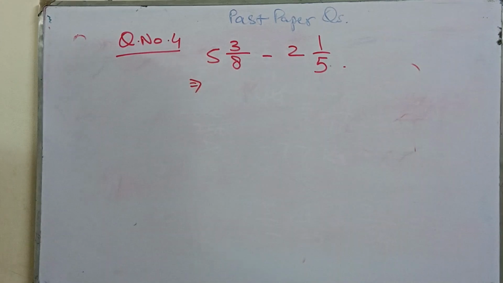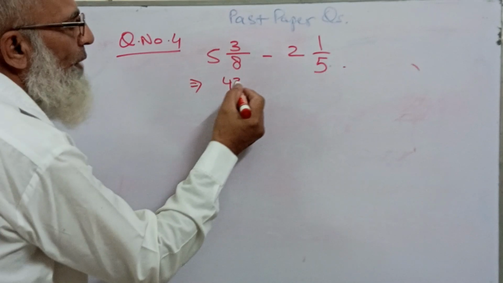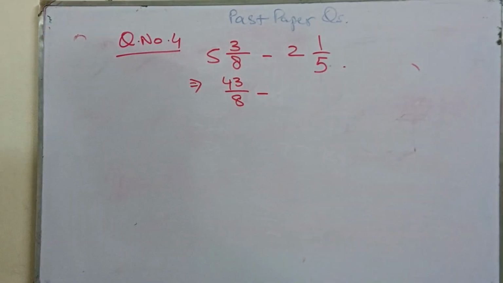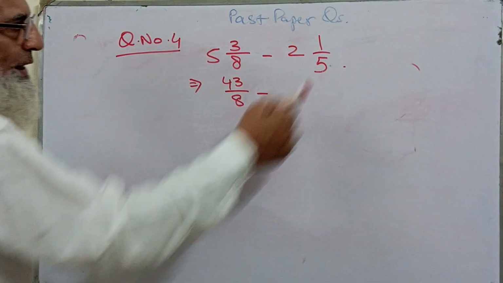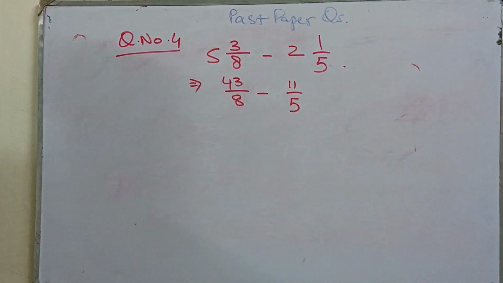5 times 8 is 40, and add 3. It will become 43 divided by 8, minus 5 times 2 is 10 and 1 makes 11, divided by 5. As I told you, the bigger number is the LCM when they are in the same table.